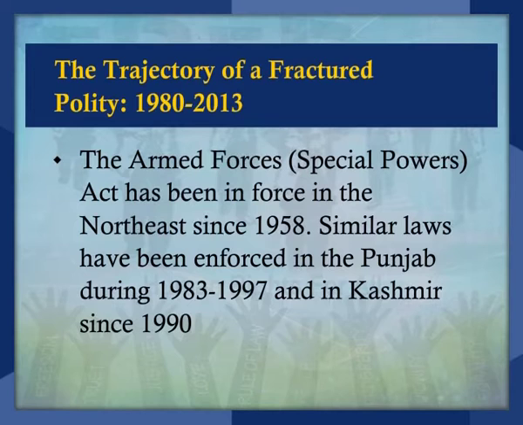The Armed Forces Special Powers Act has been in force in the Northeast since 1958. Similar laws have been enforced in the Punjab during 1983 to 1997 and in Kashmir since 1990. The implementation of these laws has generated a great deal of violence, agony and violation of human rights.